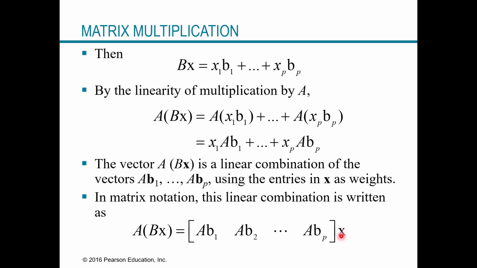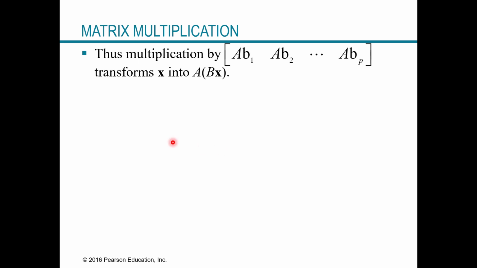X represents the weights on each of these terms, if we were to write it out with plus signs. Okay, and so thus, multiplication by this matrix transforms X into A times B times X.